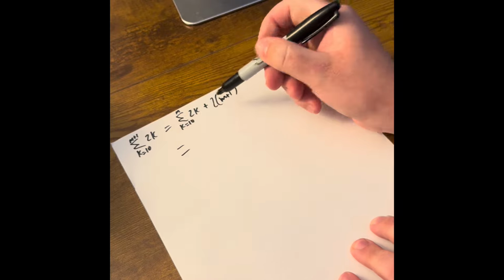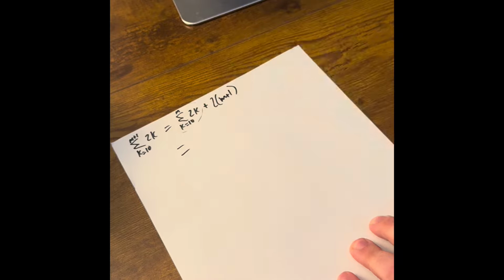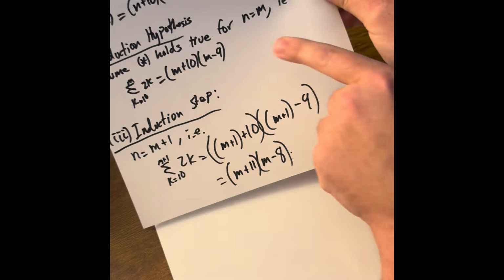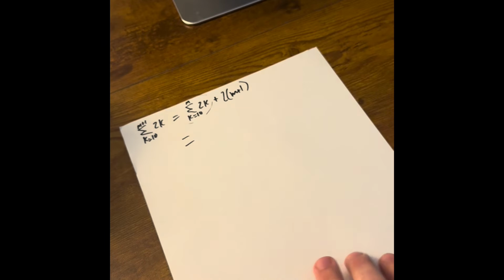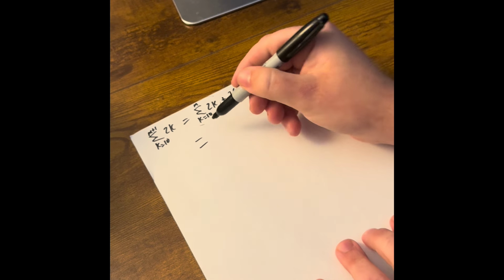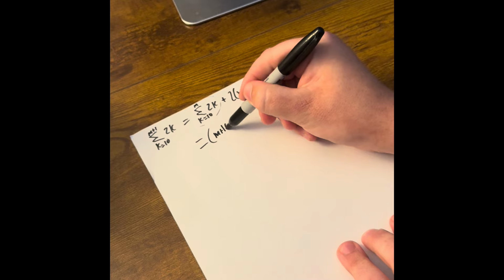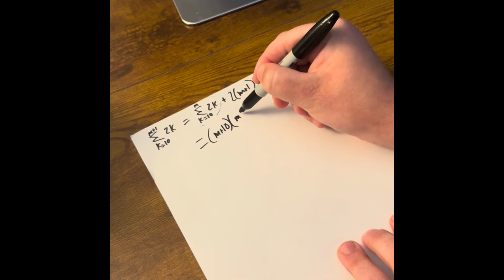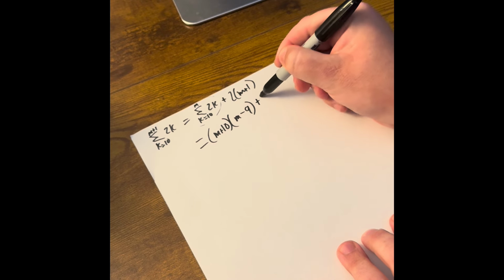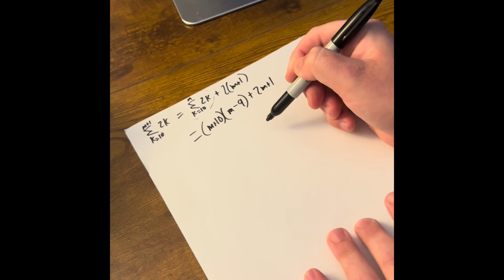Well, we know using the induction hypothesis what the sum is. It's this right here. So we just plug that in. We get m plus 10 times m minus 9 plus 2 times m plus 1.